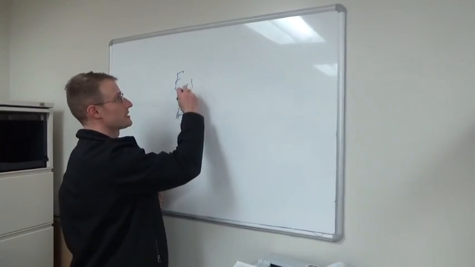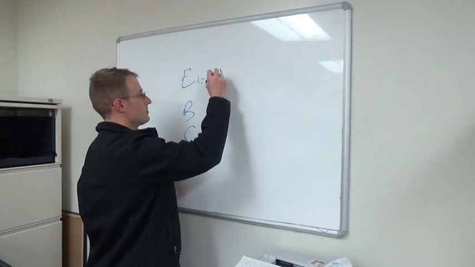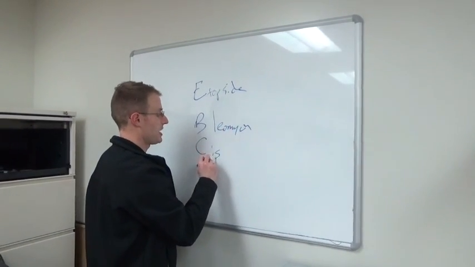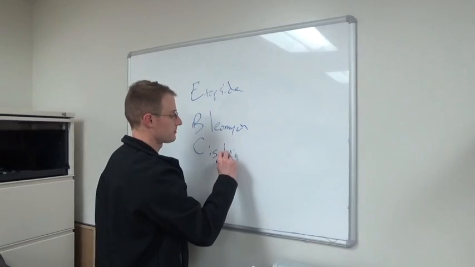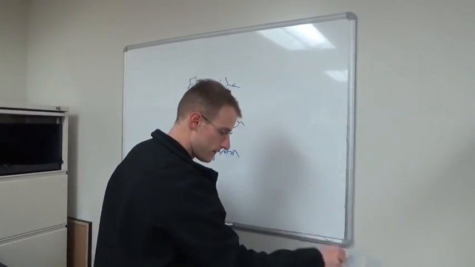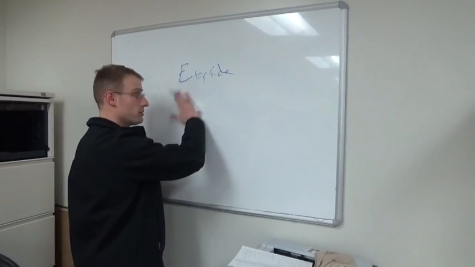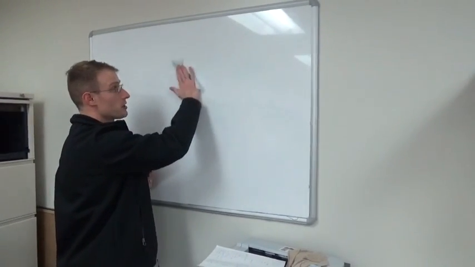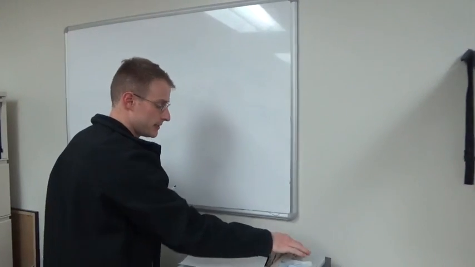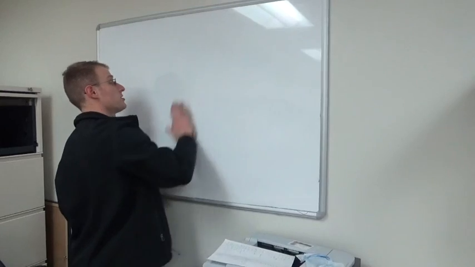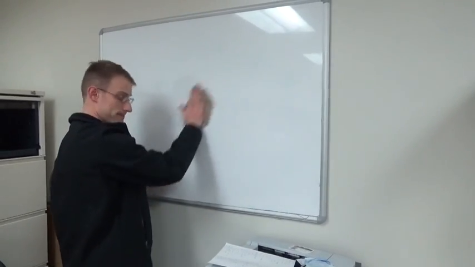That helps you remember etoposide, bleomycin, and cisplatin. And that's indicated for seminomatous that has either bulky retroperitoneal disease or metastasis, and indicated for non-seminomatous stage 2 or greater.